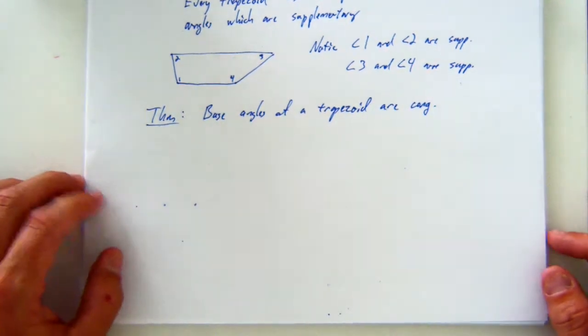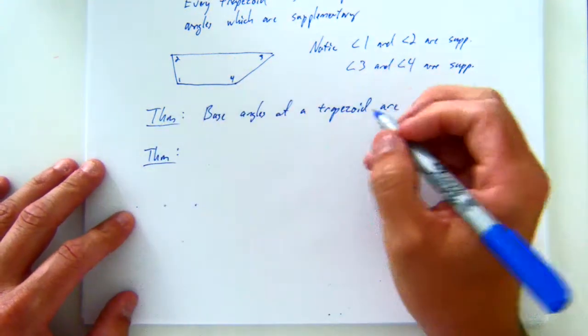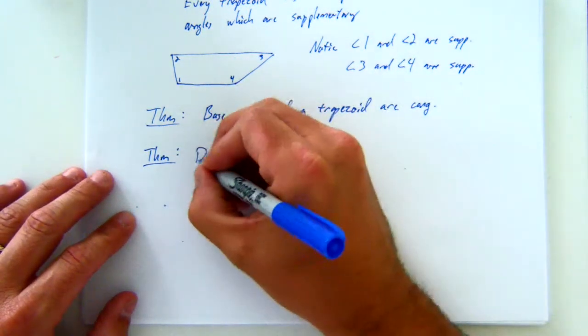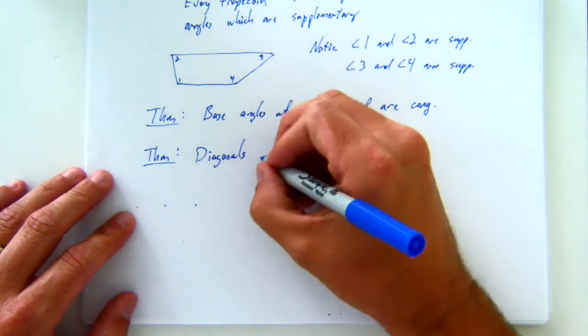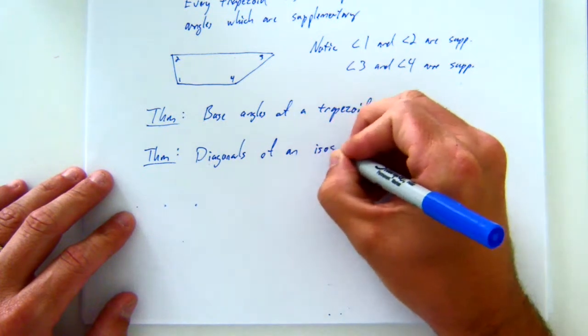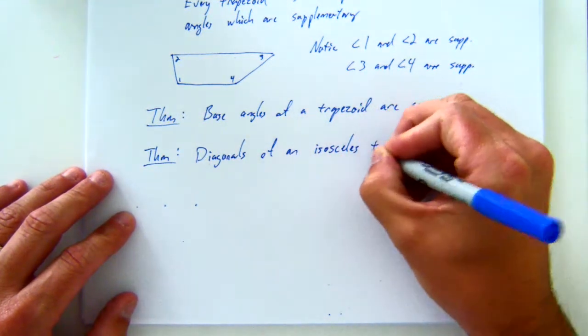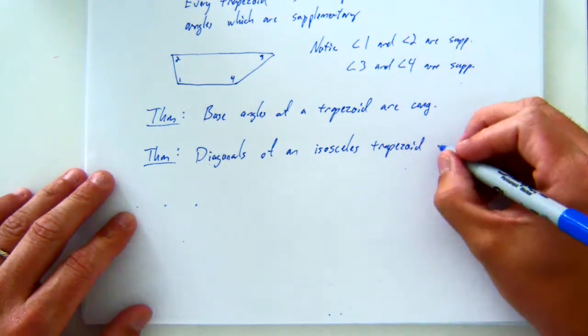And then we're finishing up, we'll do one example. So another theorem about trapezoids. Diagonals of an isosceles trapezoid are congruent.